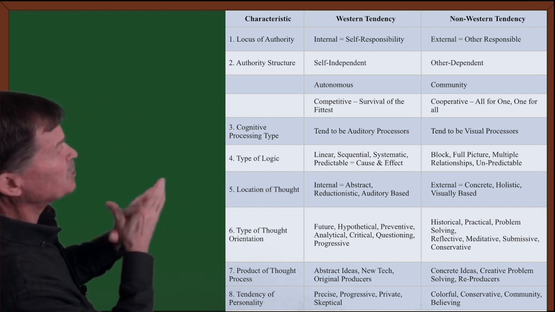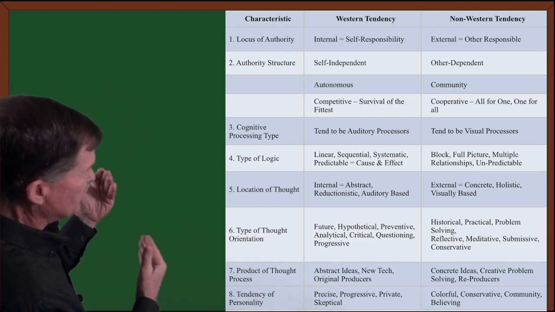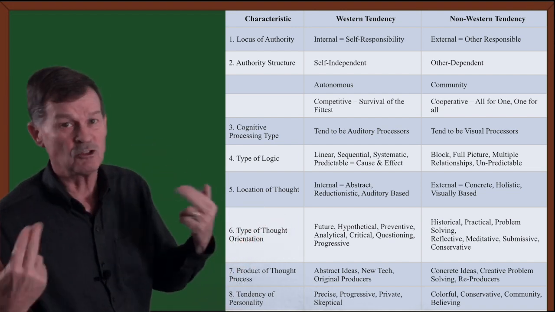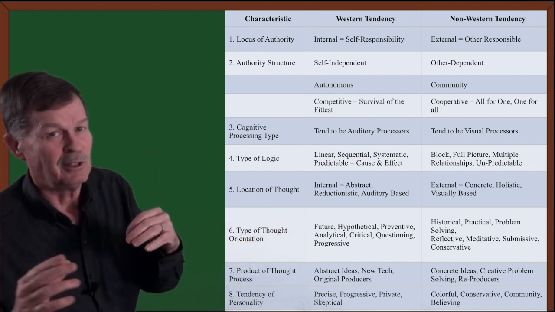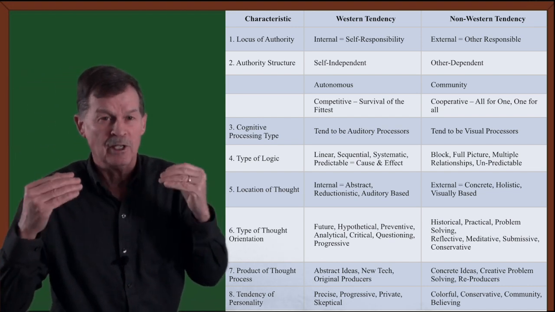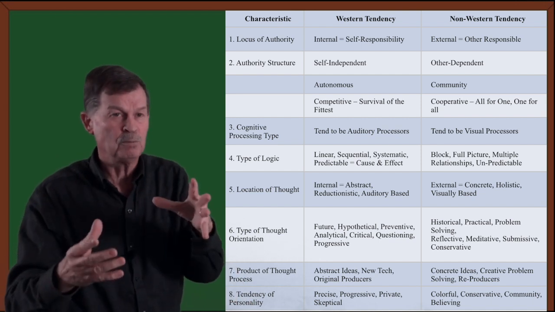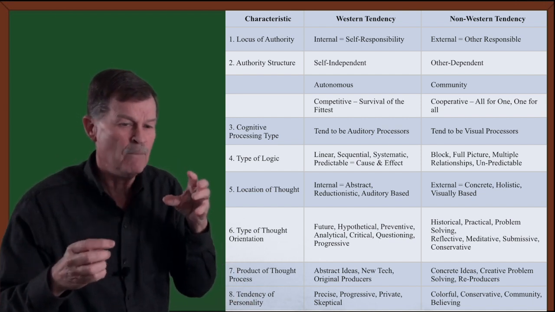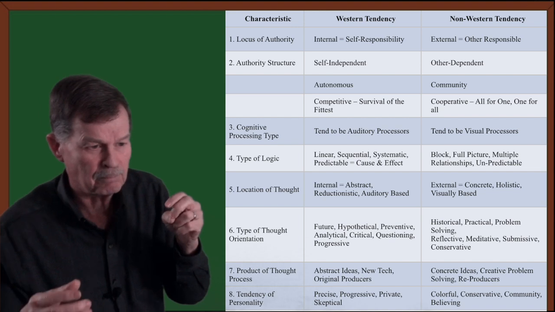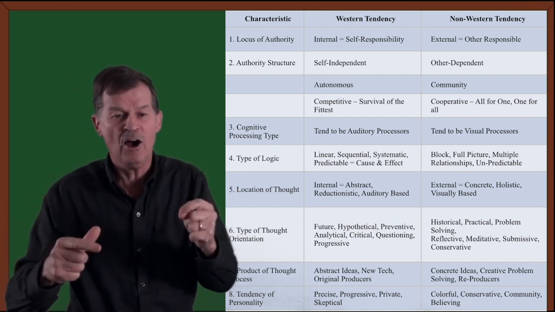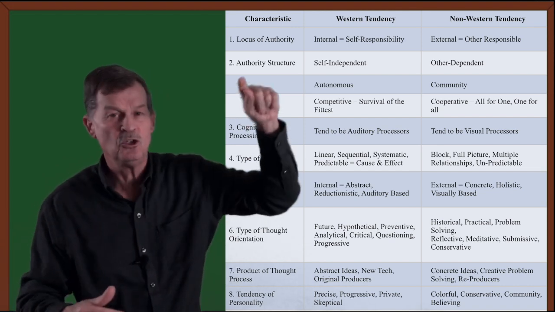Okay, location of thought. How is that different? Well, the location of thought, again, for a Westerner is internal, which means it's abstract. It's detached from the outside world, which means a Westerner has more area to roam in, let's say, because their thought is not tethered to the real world.